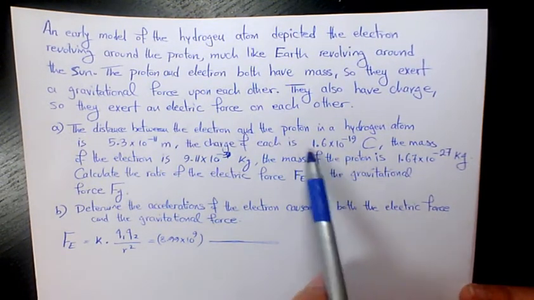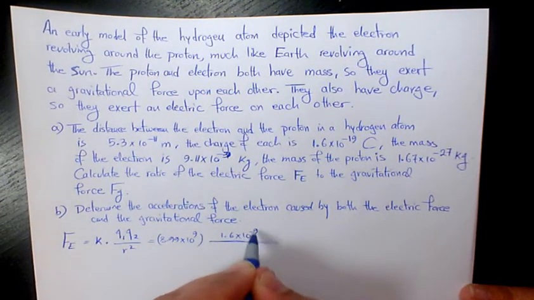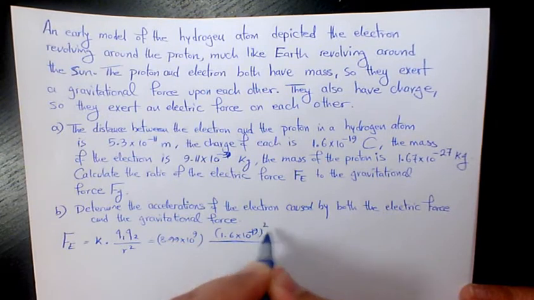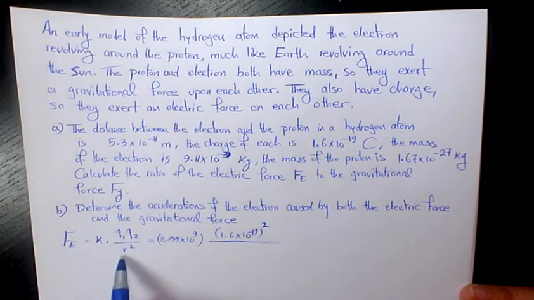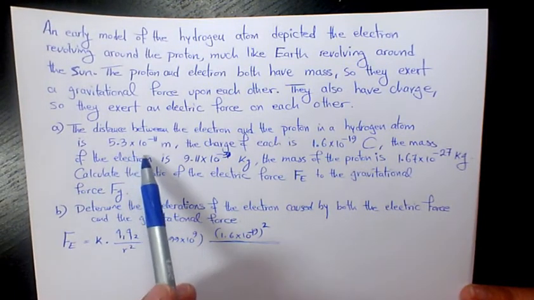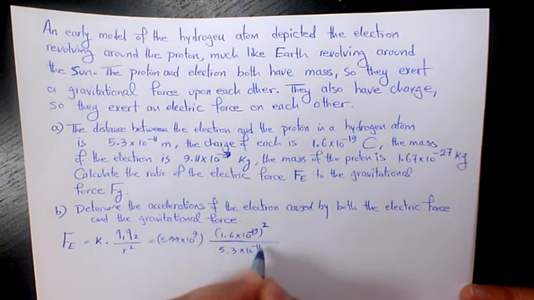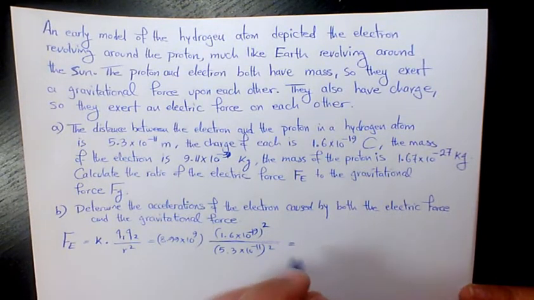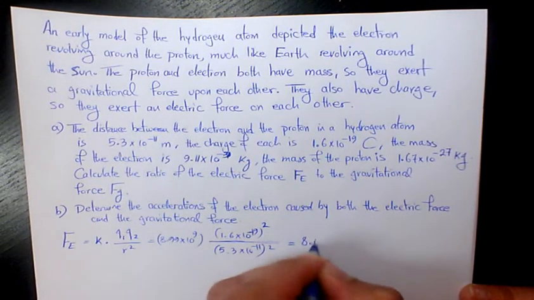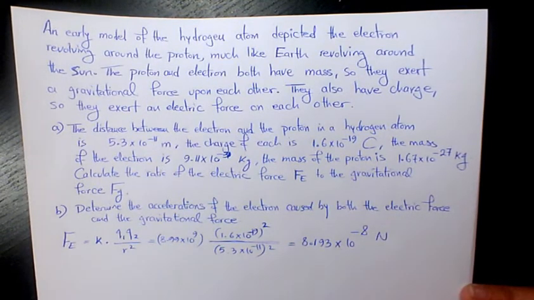Both of them have the same charge, so it's going to be 1.6 times 10 to the power of negative 19 to the power of 2. And R is the distance between proton and electron, which is also given, 5.3 times 10 to the power of negative 11, so 5.3 times 10 to the power of negative 11 to the power of 2. So electrical force, the answer will be 8.193 times 10 to the power of negative 8 Newton.